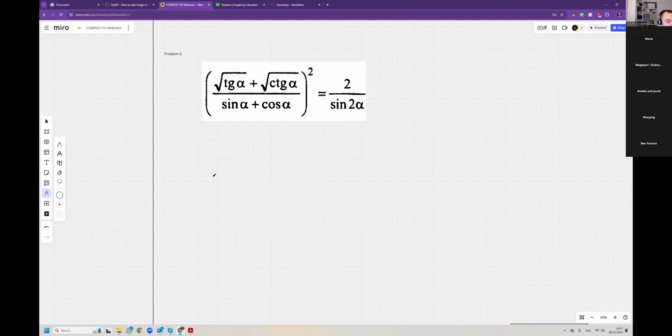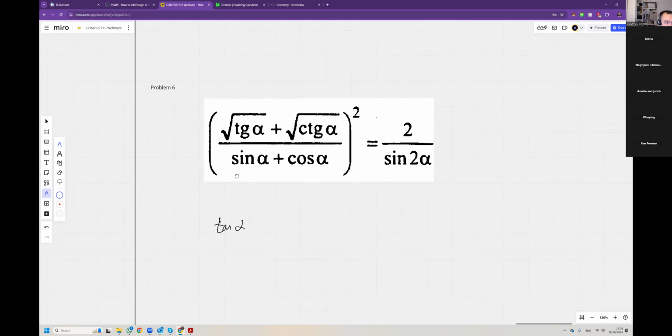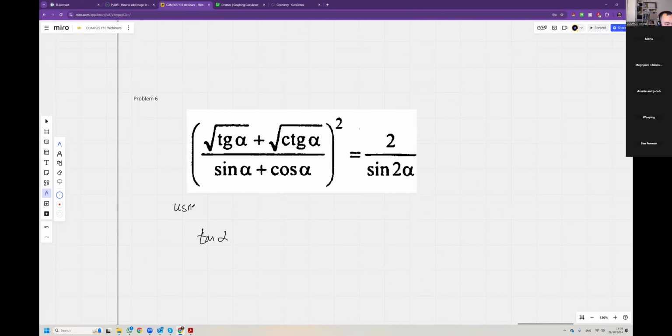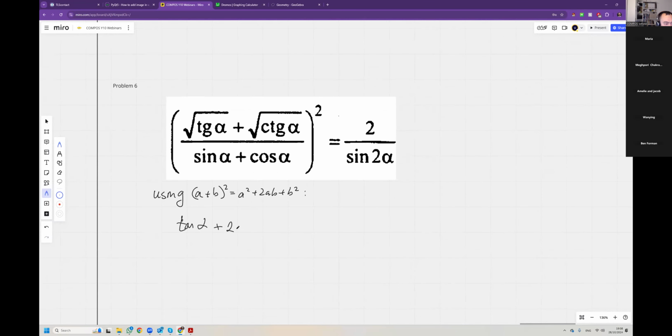I'm going to square it, because I'm just using a plus b squared equals a squared plus 2ab plus b squared. So tan alpha plus 2 square root of tan alpha square root of cot alpha plus cot alpha.